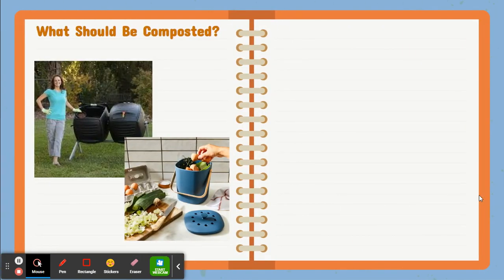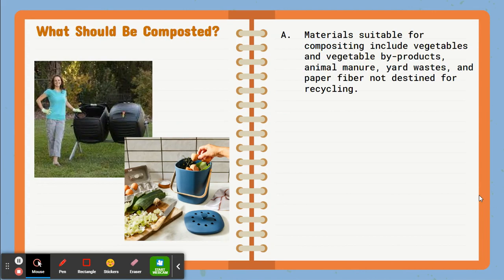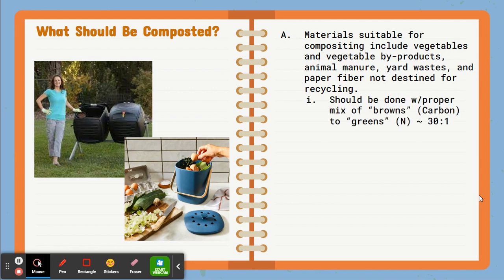Now, what then should be composted if you decide to do it at home? This really should be items that fall in the category of organics, so that would be vegetables, vegetable byproducts, like the skin of a fruit, animal manure, yard waste, grass clippings, paper fibers. All of those can wind up in your composting bin.